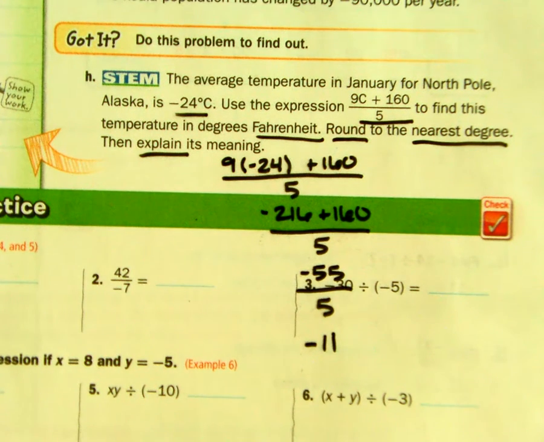So we have found degrees Fahrenheit. We need to round to the nearest degree, which is negative 11. And then we're going to explain its meaning. Okay, what does this negative 11 mean?